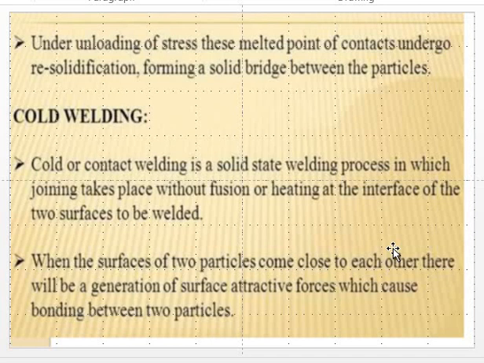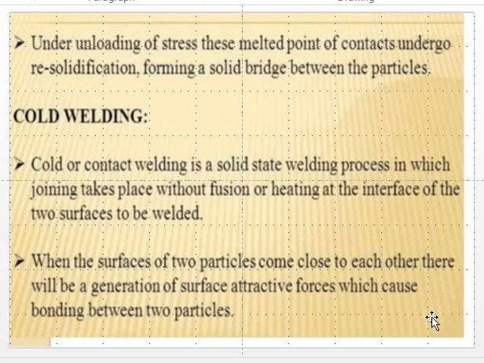Now, what does cold welding mean? Cold or contact welding is a solid state welding process in which the joining takes place without melting of the particles at the interface. When the surfaces of two particles come close to each other, surface attractive forces are generated which can cause bonding between the two particles.